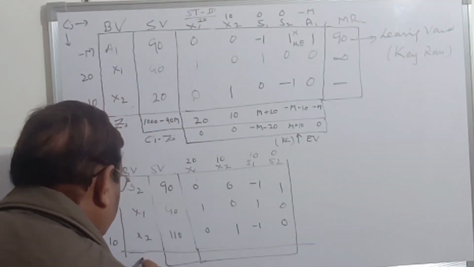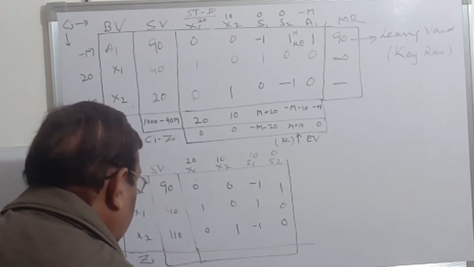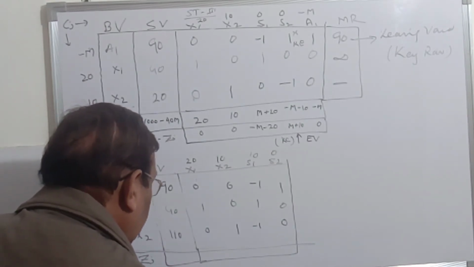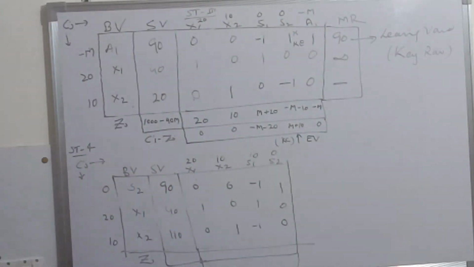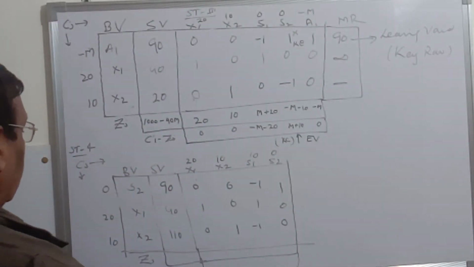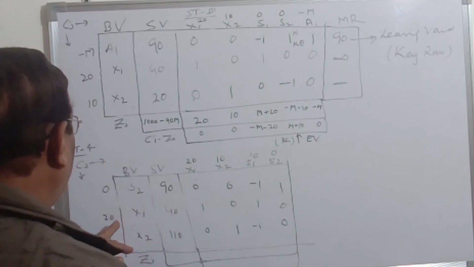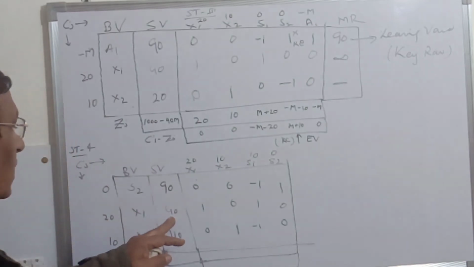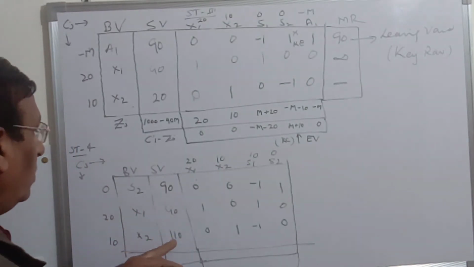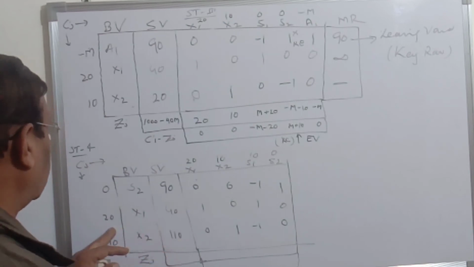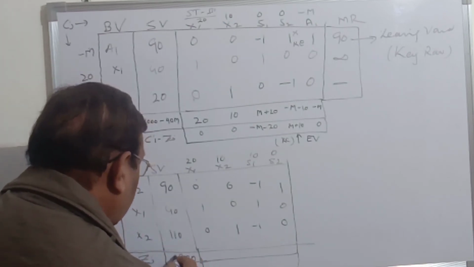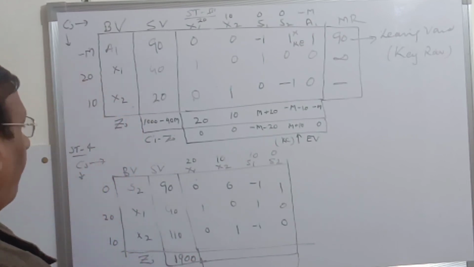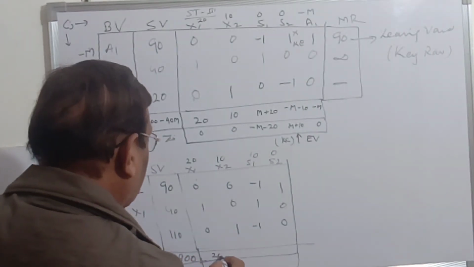Now again we will calculate Zj, then Cj minus Zj. Zj, this into this 0, 20 into 40, 800, plus 10 into 110, 1100 plus 800, 1900. This is 1900. This is 20.